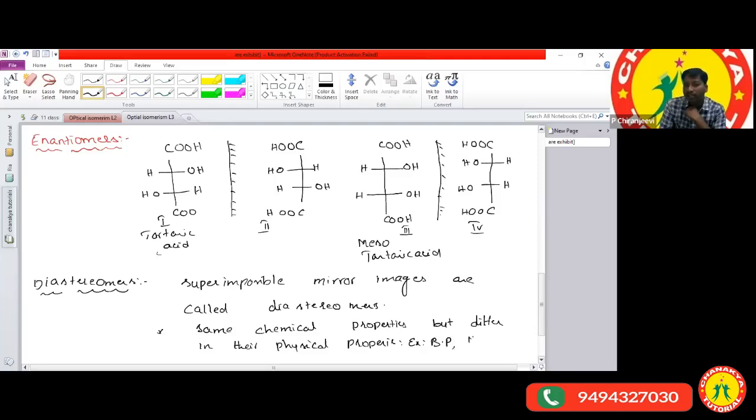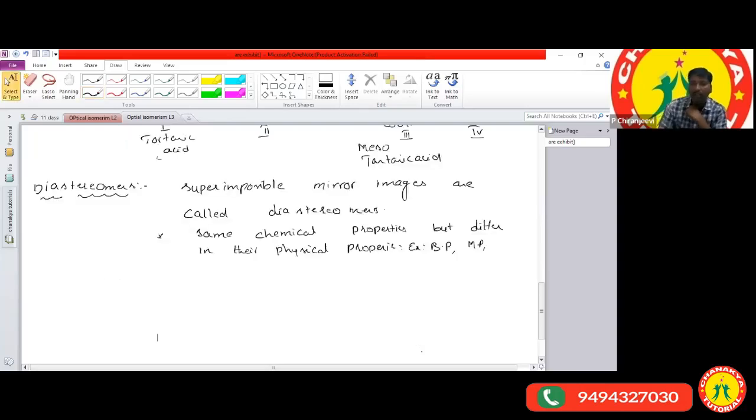Boiling points, melting points, and refractive index. All these are examples of physical properties. They have different physical properties but similar chemical properties. Now you have clarity on what diastereomers are.